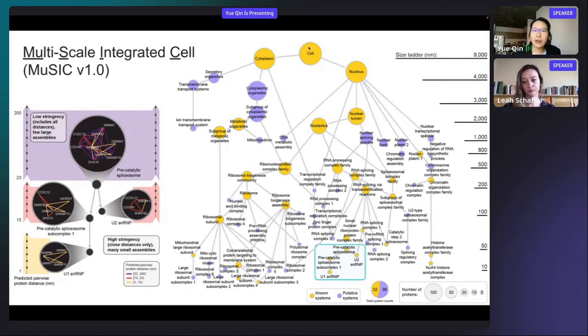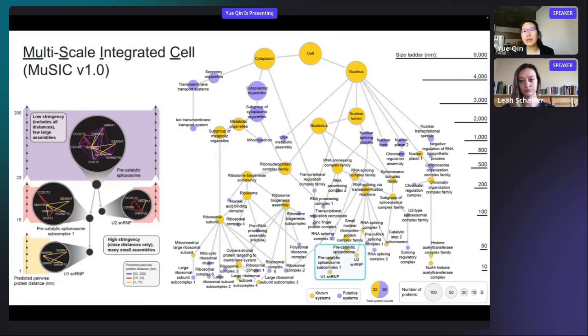Even though I'm showing this as a more succinct network view where I don't show the underlying proteins beneath them, each node here, if you look on the left, actually consists of a protein-protein interaction network. So we know which proteins are inside and what is the predicted distance between them.